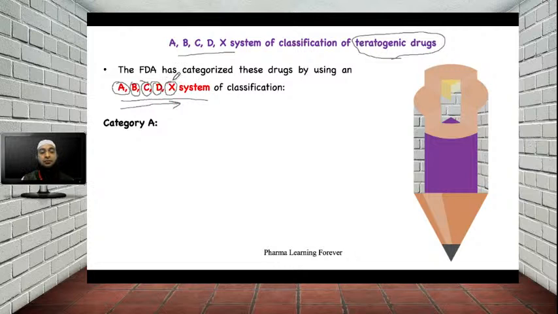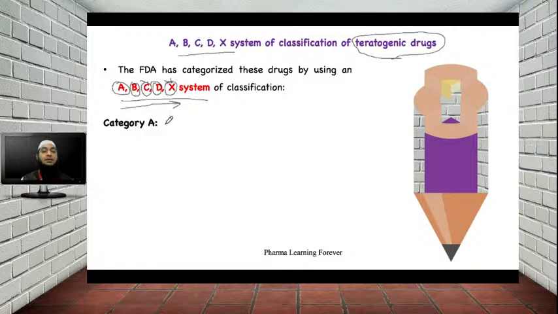So all drugs belonging to category X are contraindicated in pregnant women. Likewise, there is an increase in the severity of ADR in pregnant women as you move from category A to category X.